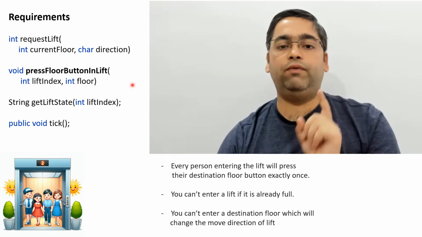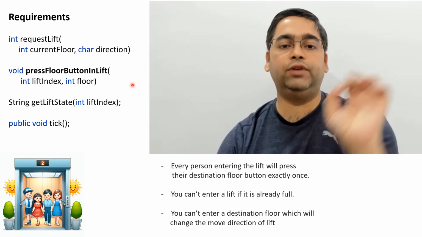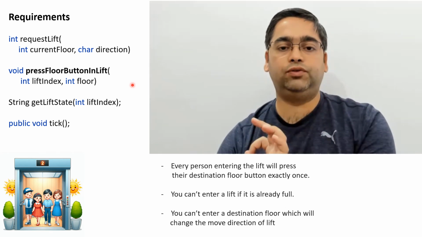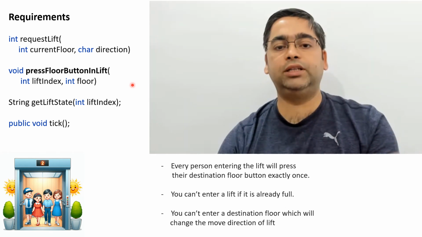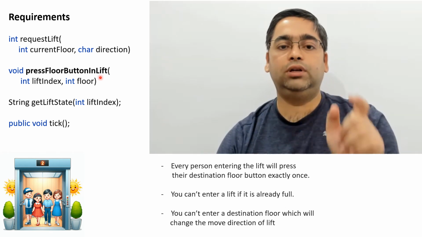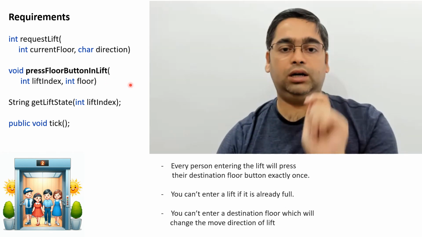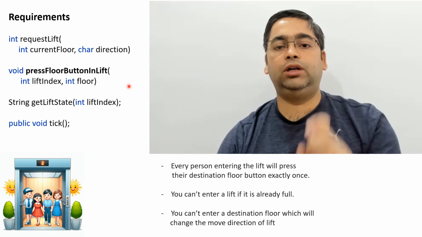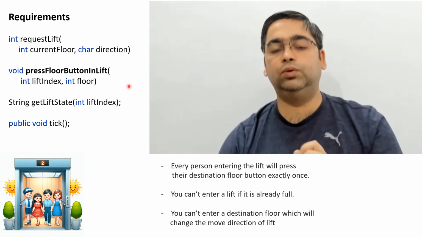Again, you cannot enter a lift which is already full. So if the capacity of that lift is 4 and there are already 4 people inside, you cannot enter that lift, so this method cannot be called then. Let's suppose you enter inside a lift, you are at floor 4 and that lift is going up.